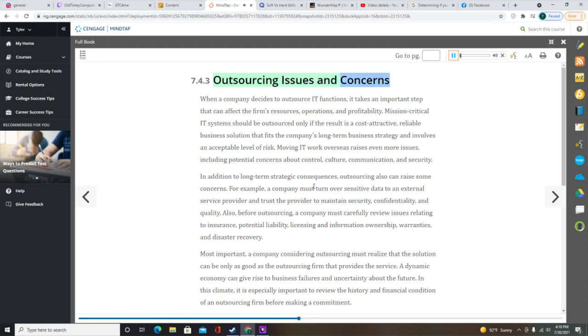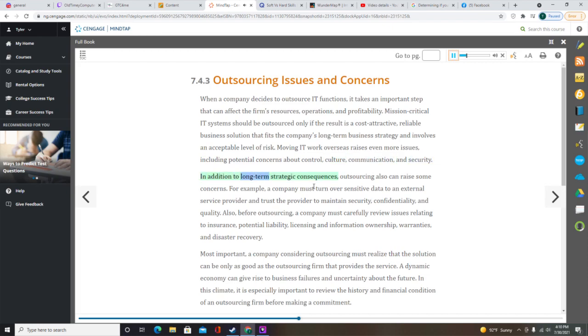Outsourcing issues and concerns. When a company decides to outsource IT functions, it takes an important step that can affect the firm's resources, operations, and profitability. Mission-critical IT systems should be outsourced only if the result is a cost-attractive, reliable business solution that fits the company's long-term business strategy and involves an acceptable level of risk. Moving IT work overseas raises even more issues, including potential concerns about control, culture, communication, and security.